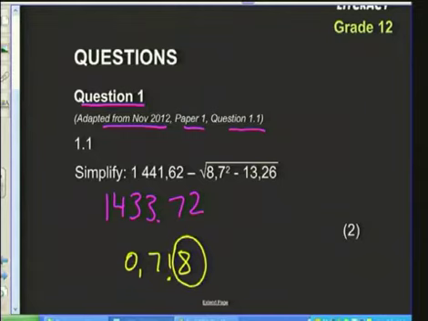So that's why I've got 0.72. So make sure that you can do these simple little things like rounding off. Those are easy marks that you can gain, and also easy marks that you can lose by just carelessness. And I know that you guys can all round off. Answer, perfect, move on to the next question.